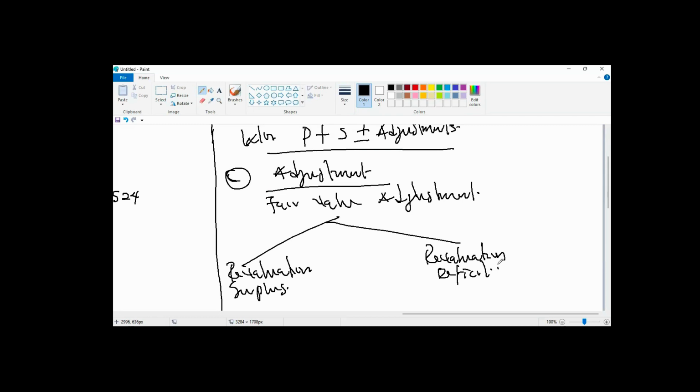Or it will give you the carrying amount. Let's say carrying amount 100, fair value 120. This is a surplus because the fair value is more than the carrying amount. What do I do, my sisters? If it is a surplus, look at the accounting entry.